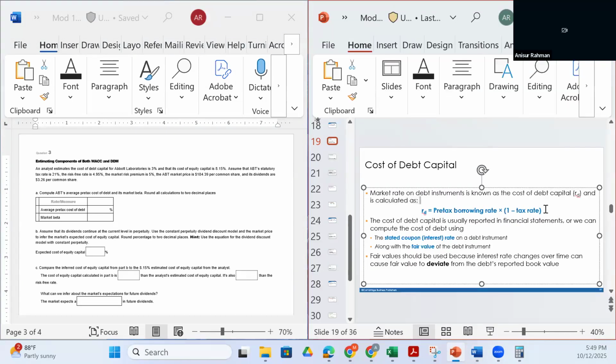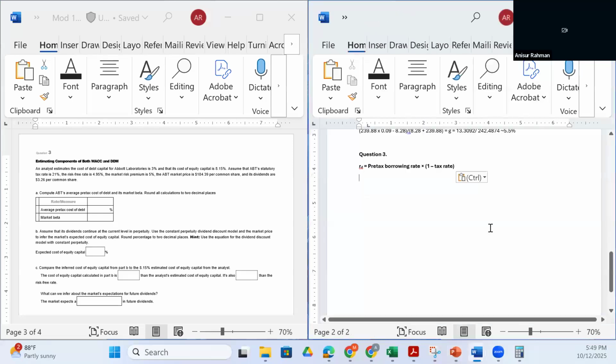So I'll copy this formula here. Our RD is equal to 3%. We have to find out pre-tax, right? So our pre-tax will be our RD, which is 0.03, divided by 1 minus the tax rate, which is 21%.